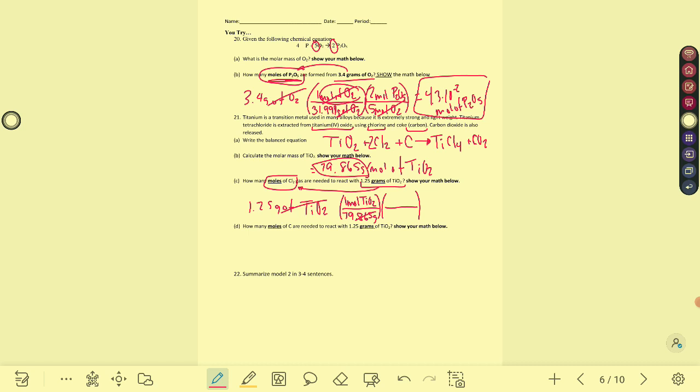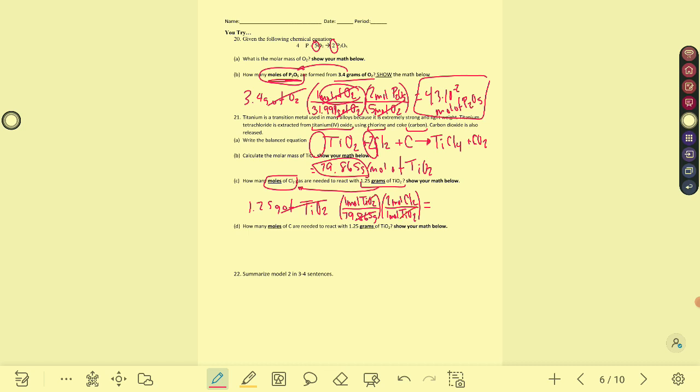Now to get from titanium oxide to chlorine gas, I have to look at my molar ratio in my balanced chemical equation, and it is up here, so I've got nothing, so it's a 1. So 1 mole of titanium oxide, and I'm going to chlorine gas, which is 2 moles of Cl2, not just Cl2.